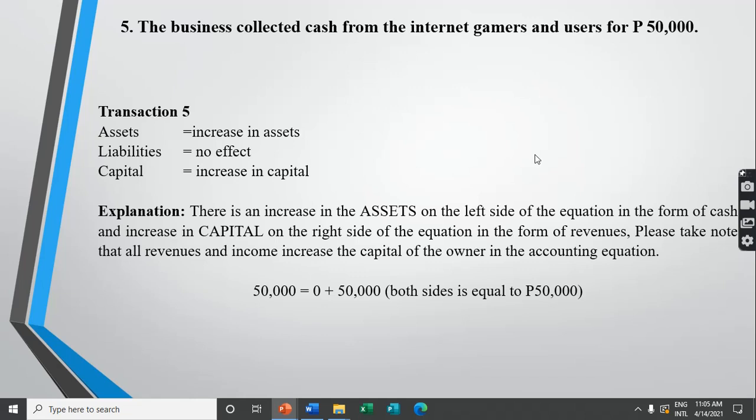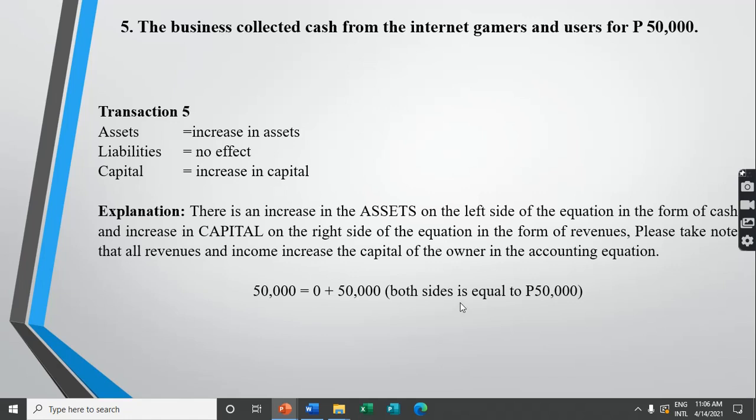It is your asset, di ba? So, transaction number 5, asset is equal to yung increase in asset. Liabilities, wala ka namang utang dito. Yung capital, nadagdagan din yung capital mo. Ayan, 50,000 dito sa left side and 50,000 dito sa right side. So, both side is equal to 50,000.